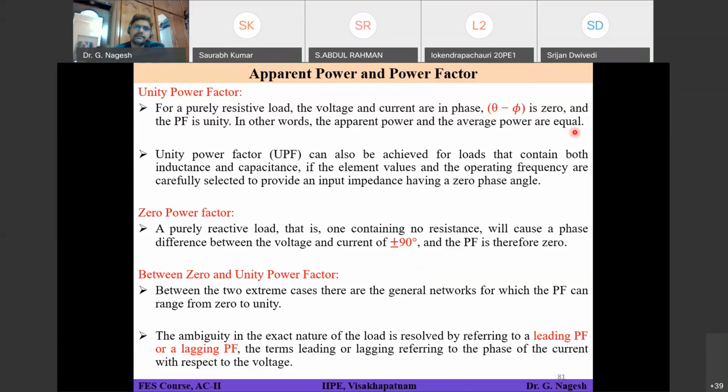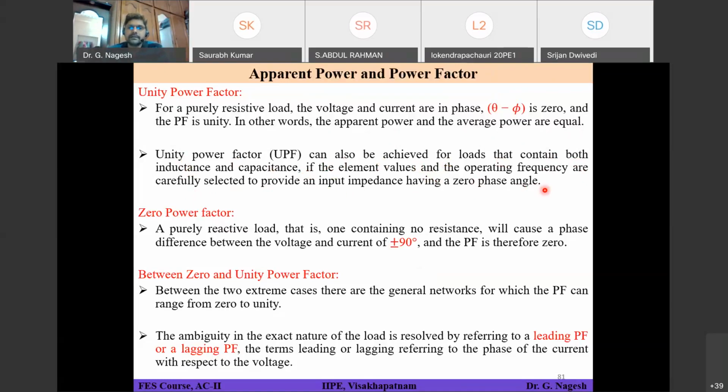Next, unity power factor can also be achieved for loads that contain both inductance and capacitance if the element values and the operating frequency are carefully selected to provide an input impedance having a zero phase angle. So what does it mean? Along with a resistor, we have seen one RLC circuit in the past.